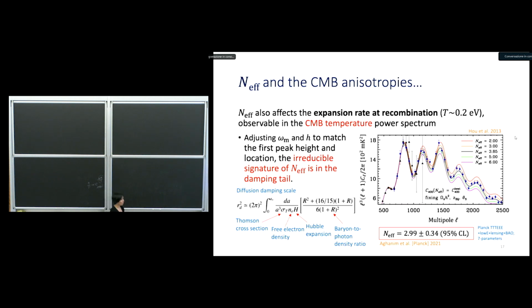There are also factors that depend on the baryon to photon density ratio. Using this effect, we also have a bound on N effective from the CMB, around 2.99 plus or minus 0.34. Again, this is incredibly consistent with the standard model prediction.